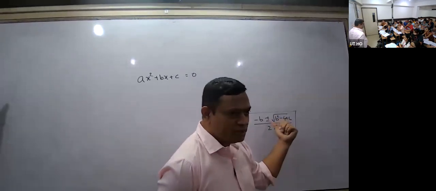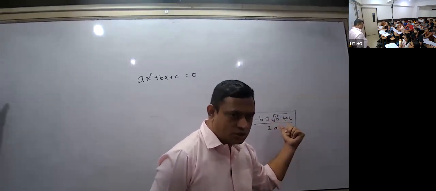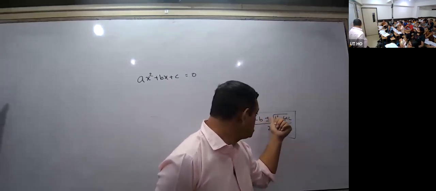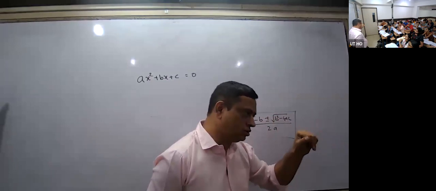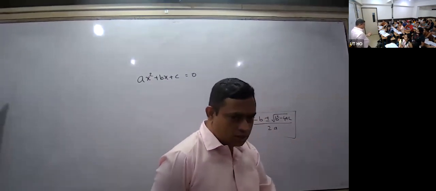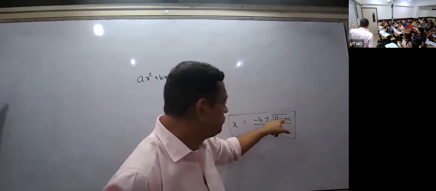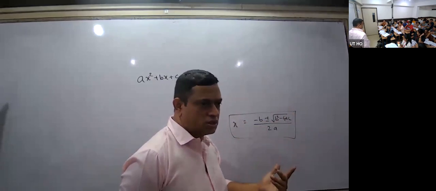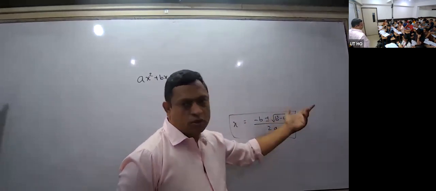Now, if b square minus 4ac is greater than 0, then you will get minus b plus minus that positive root, so there are 2 values. Now you remember the roots are rational when it is a perfect square. Suppose b square minus 4ac is equal to 16, root of 16 will come to 4.